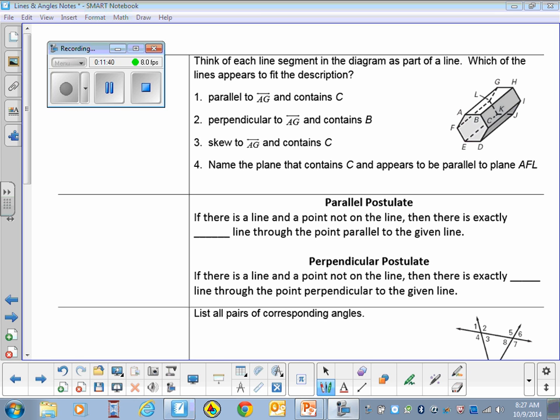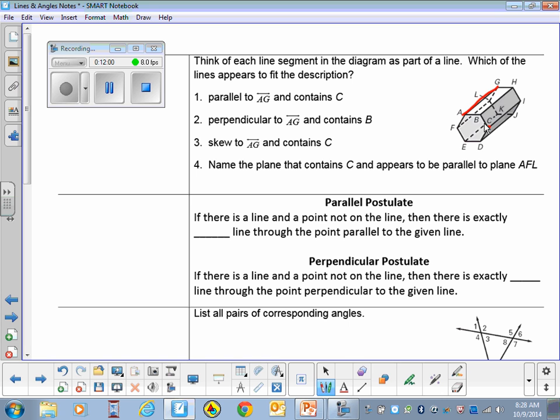So what line is parallel to line AG and contains point C? Andy? Line CH or BH. Has to contain C, which is right here. And I want to be parallel to this.